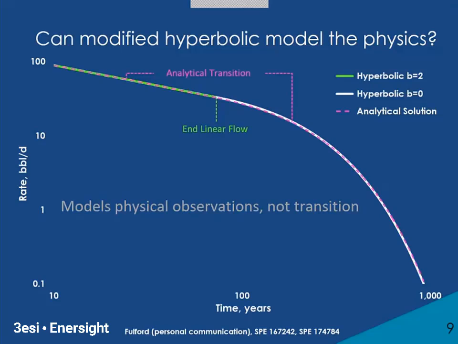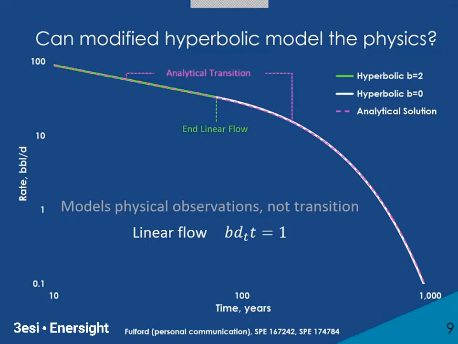The answer is that in linear flow, you don't require that the B value be a constant or that it have a transition. The equations dictate that the product of the B value, the decline at any specific point in time, and that time is equal to 1.